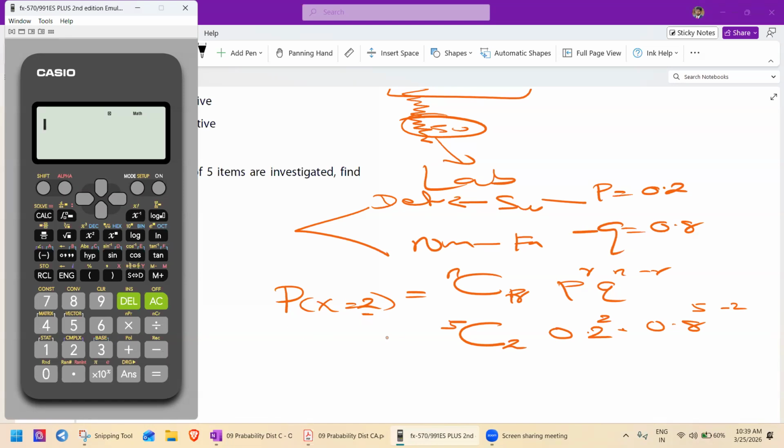Here I press 5, and shift, C and 2. 5C2 into 0.2 power 2 into 0.8 power 5 minus 2 equals 3.